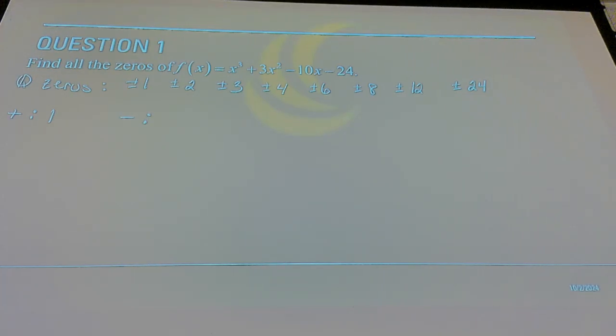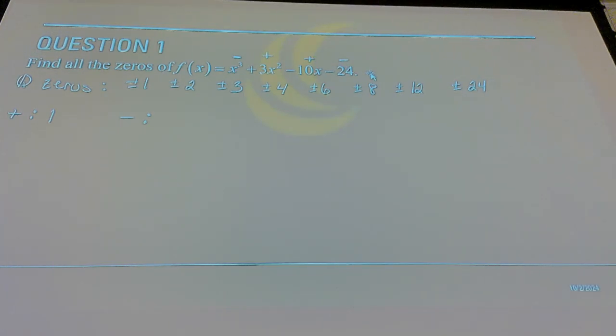For the negatives, you want to look at f of negative x. So here's what I'm going to do. Odd powers of a negative are negative, right? Even powers become positive. So all of your odd powers are going to change signs. That stays plus, that stays minus. Now count the sign changes. Negative to positive is 1. Positive to negative is 2.